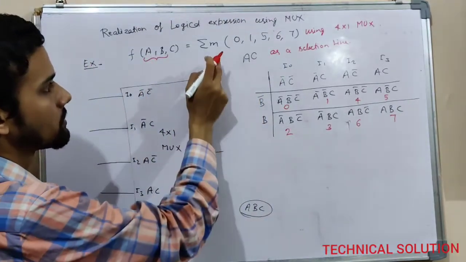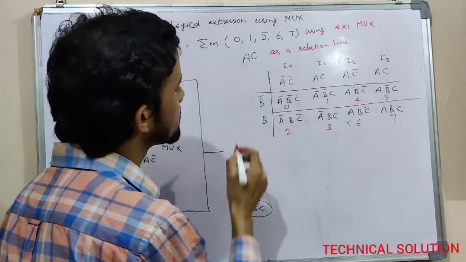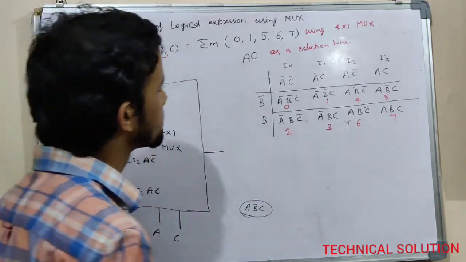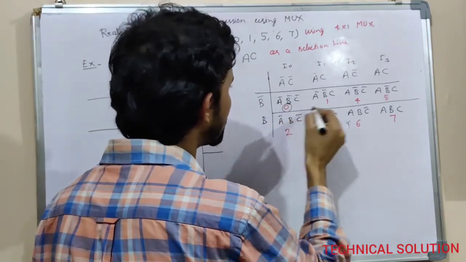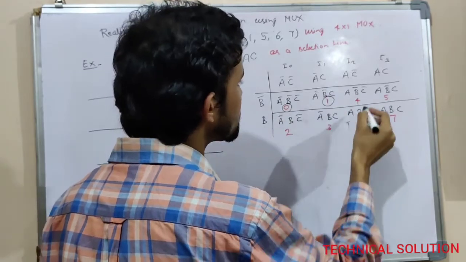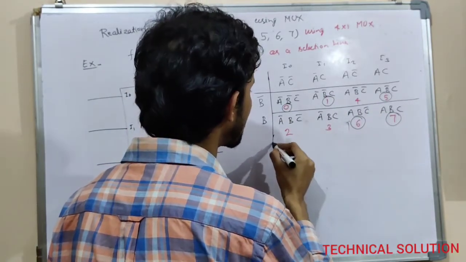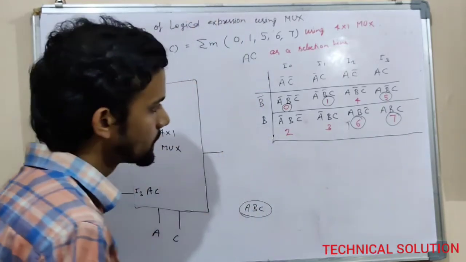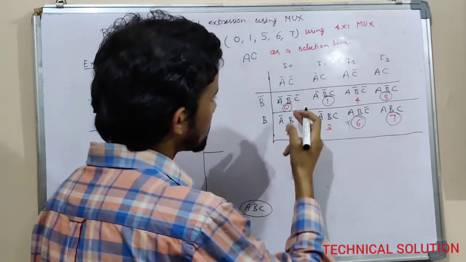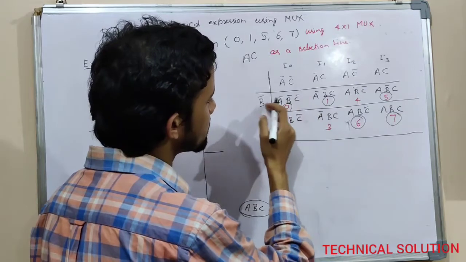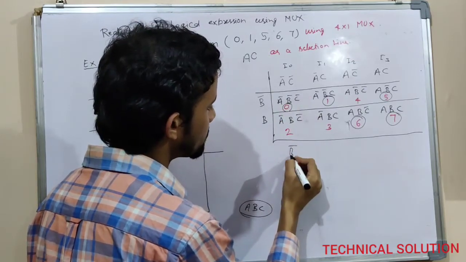Whatever input is present in the question, circle that input. 0 is present, so circle 0. 1 is present, circle 1. 5 is present, circle 5. 6 is present, circle 6, and 7 is present, circle 7. In this 0 is circled, so this corresponds to B bar.